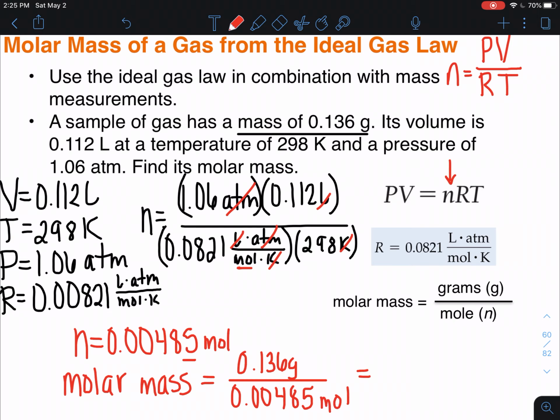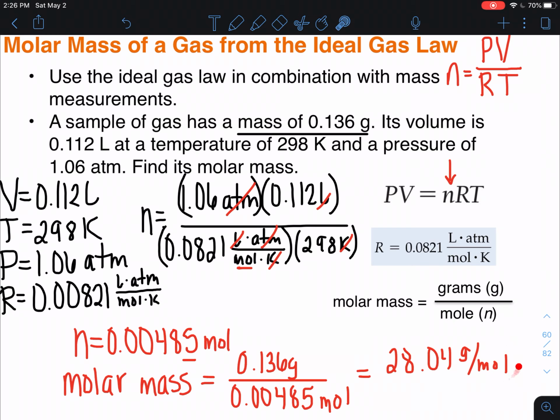So we have 0.136 divided by 0.00485 mole, and that's going to give us 28.04 grams per mole, right? No units canceled here, so we're bringing grams per mole over.